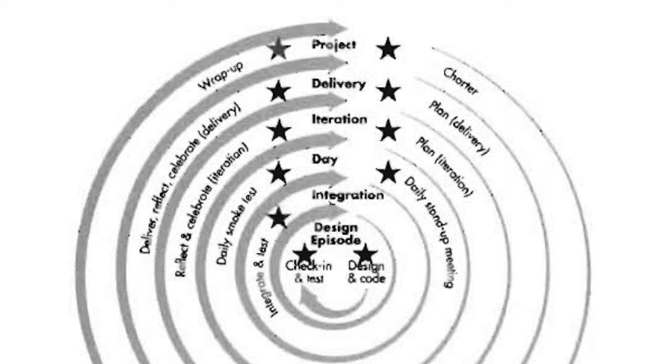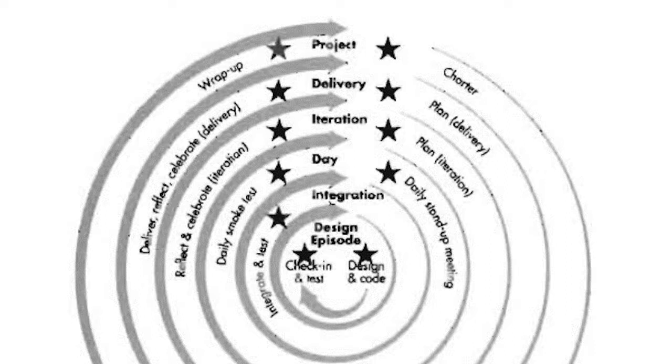Scrum practitioners are familiar with the morning stand-up and the subsequent activities throughout each day. Inside the day circle is the integration circle, meaning that ideally there are multiple integrations of the software per day. Of course, this implies a lot of automation.